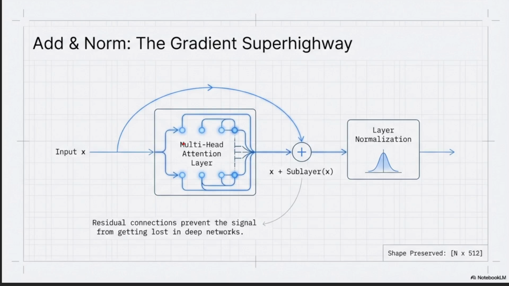So X plus Z. This creates a highway for gradients during backpropagation, making training deep networks possible. And then layer normalization. We compute the mean and variance for every single word vector and normalize it. This ensures that the numbers stay within a stable range.